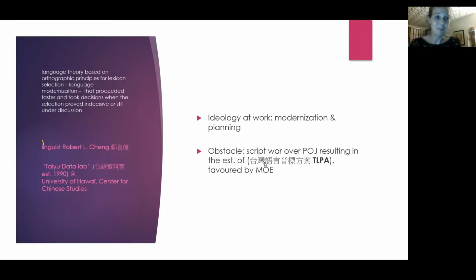Now, the difference here was that his idea was language modernization and planning rather than language preservation, where the latter more or less means what is the most authentic word, authentic character we can use for this particular meaning.